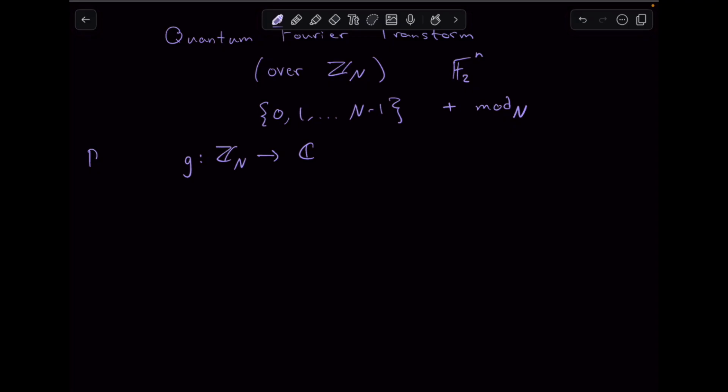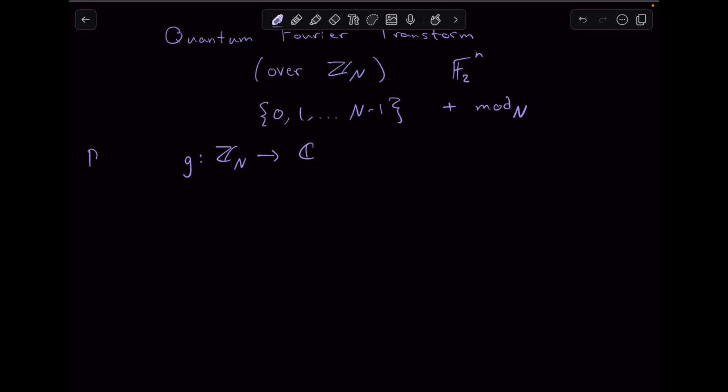And each of these is a function similar to G, from Zn to complex numbers. And what these functions are going to be are essentially what we'll call discrete sines and cosines.